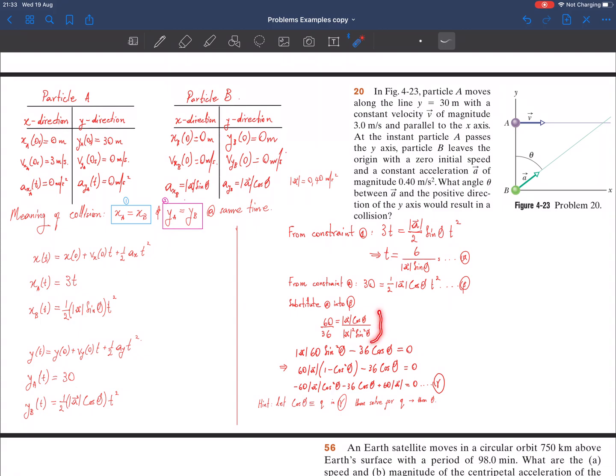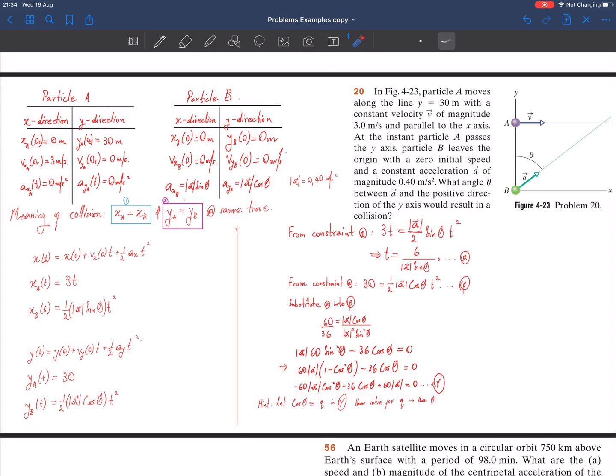What you're going to end up with is something that looks like this. And when you cross multiply and clean up this equation, it's going to look something like that. The sine squared theta can be rewritten as 1 minus cosine squared of theta. And again, when you clean that up, you're going to end up with something that looks like this.